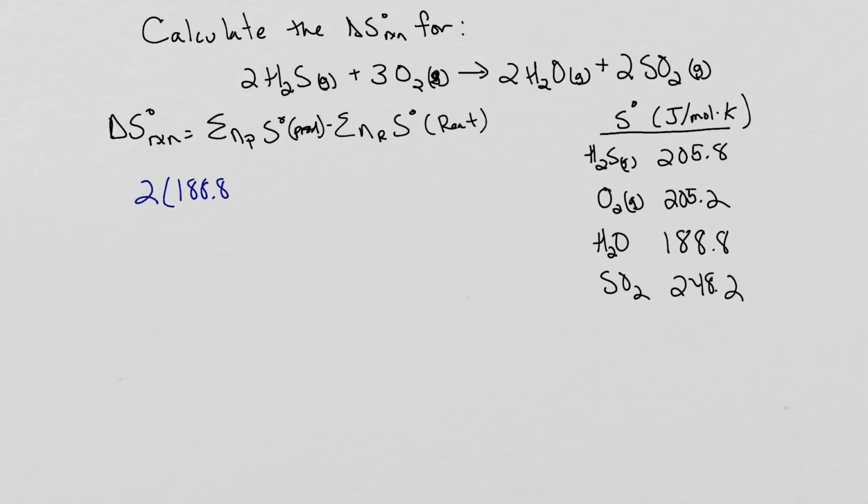Again, all of these have units of joules per mole Kelvin. And we're going to add that to 2 times our value for SO2, 248.2, again, joules per mole Kelvin.